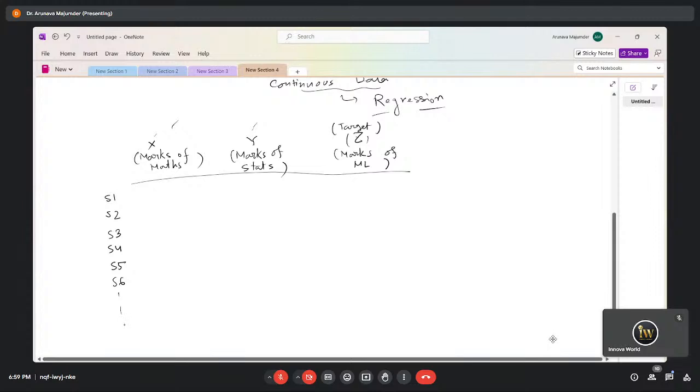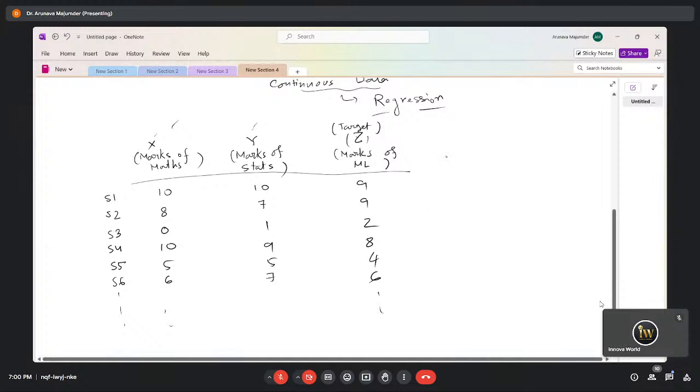The marks are 10, 10, 9, 8, 7, 9, 0, 1, 2, 10, 9, 8, 5, 5, 4, 6, 7, 6, and so on.